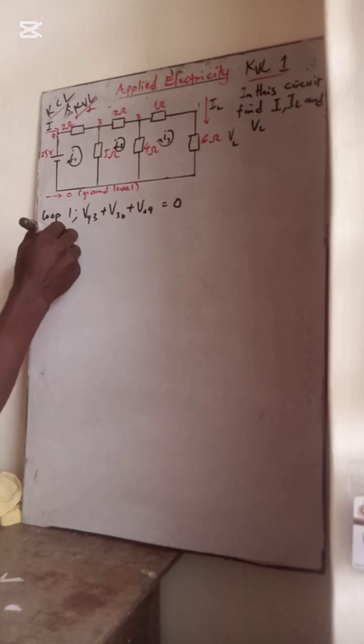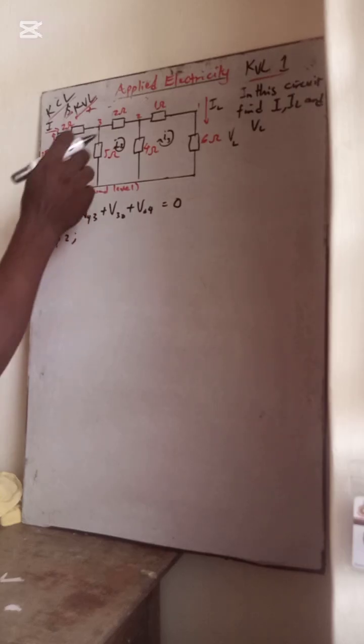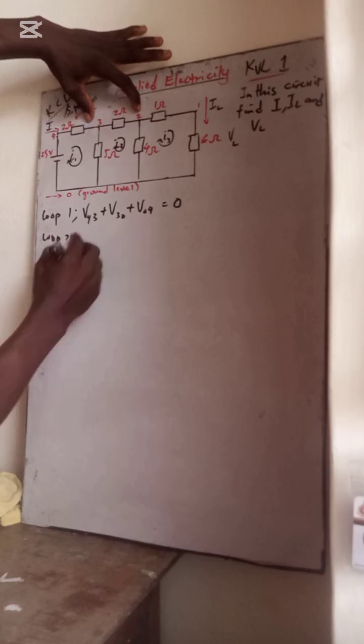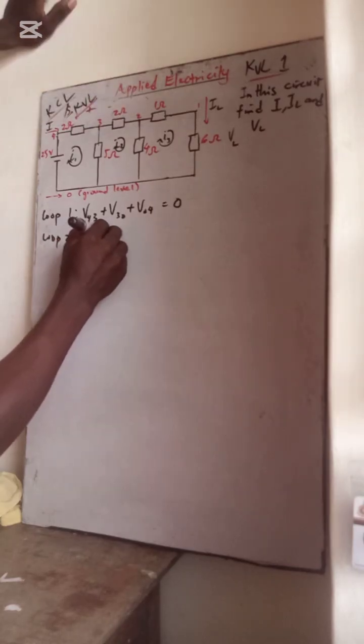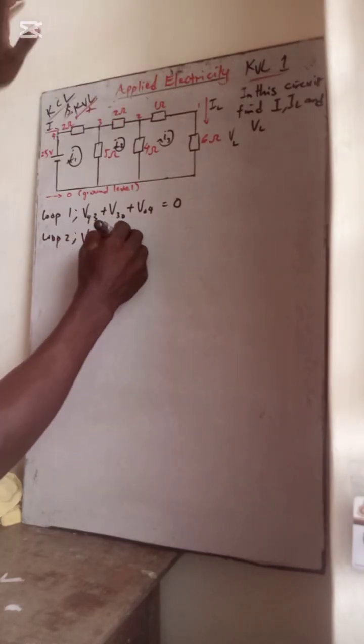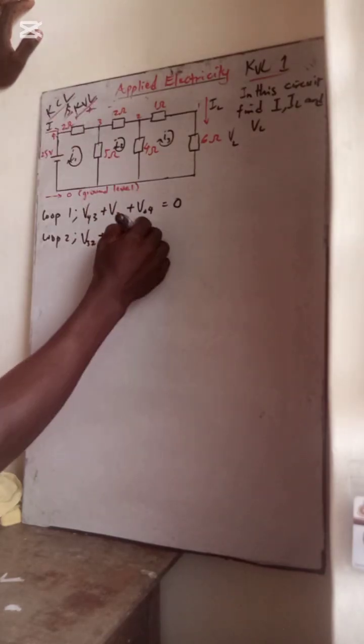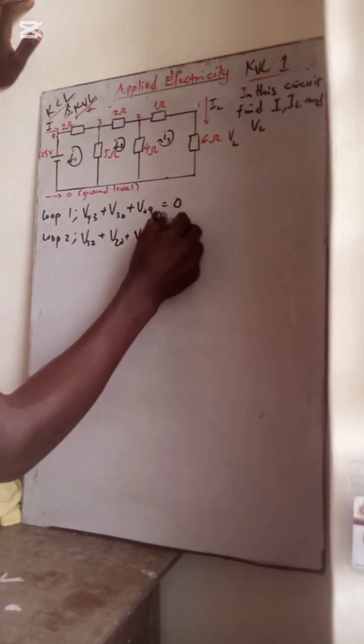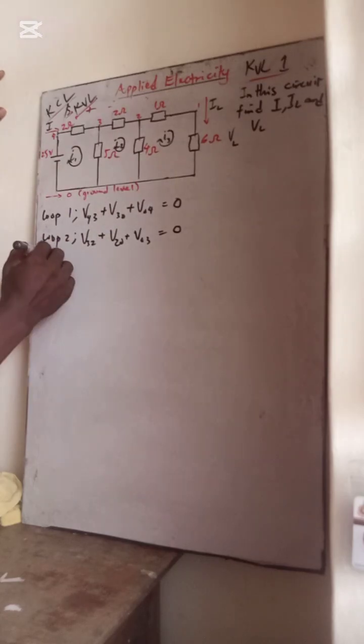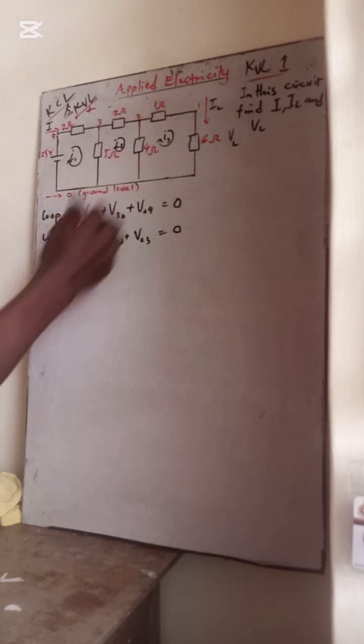So now for the second loop, I should say loop, not node. For loop 2, we have V32 plus V20 plus, there's no voltage here, so V03 is equal to 0 also. Then for the last loop, it should be loop 3.